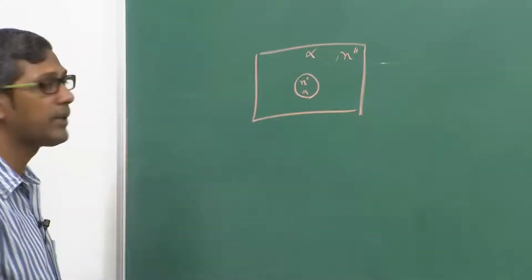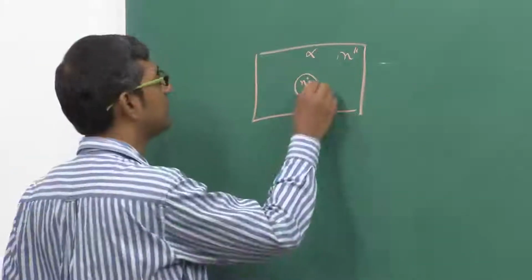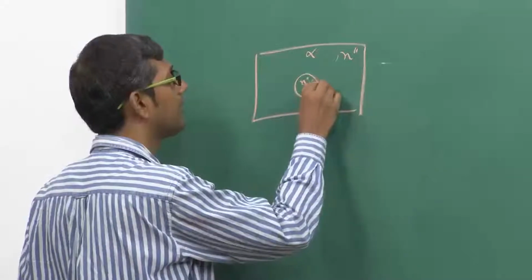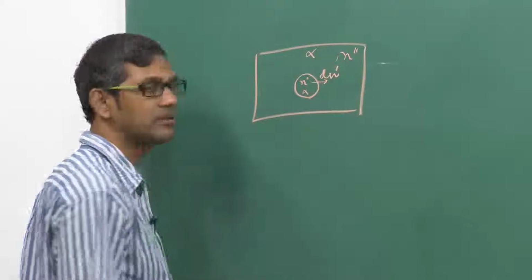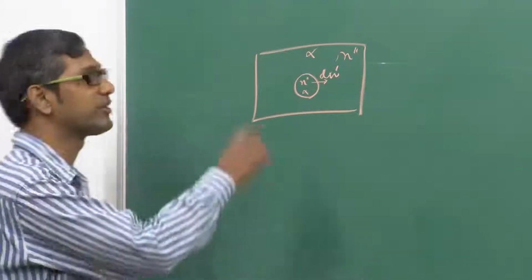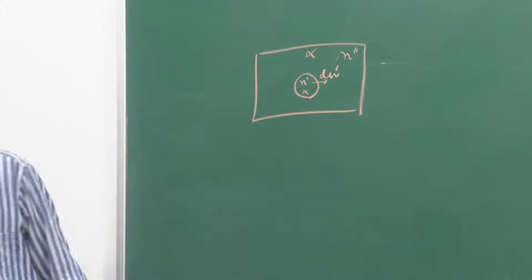Now we are going to look at a situation in which mass is getting transported from this small alpha grain to the outside, and if a small mass of dn molecules is transported, what will happen to the equilibrium situation? This is a very simple situation, not difficult.